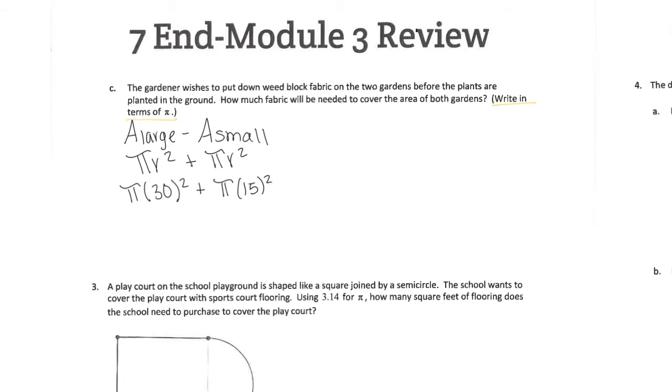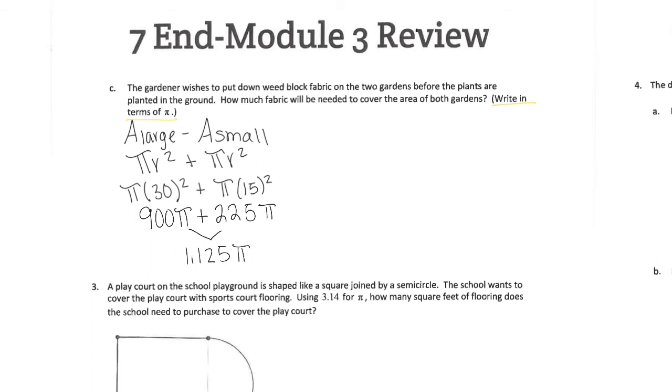Now, 30 squared is going to give us 900. So now we have 900 pi plus 15 squared, which is going to give us 225. So now we have 225 pi. When we add both of these values together, 900 plus 225, it is going to give us 1,125 pi.